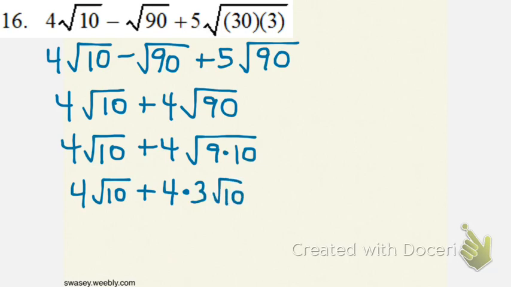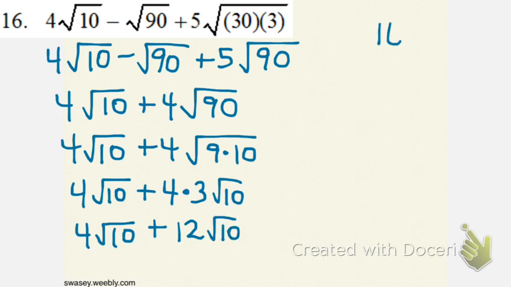So that's 4 square roots of 10 plus 4 times 3, that's 12 square roots of 10. Add those together and you get 16 square roots of 10. Once we have those like radicals, we can add them together.